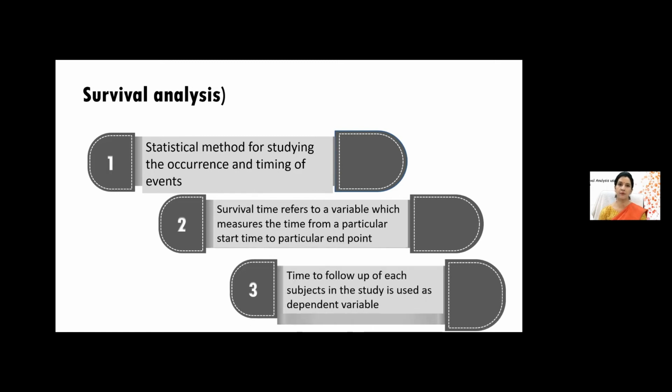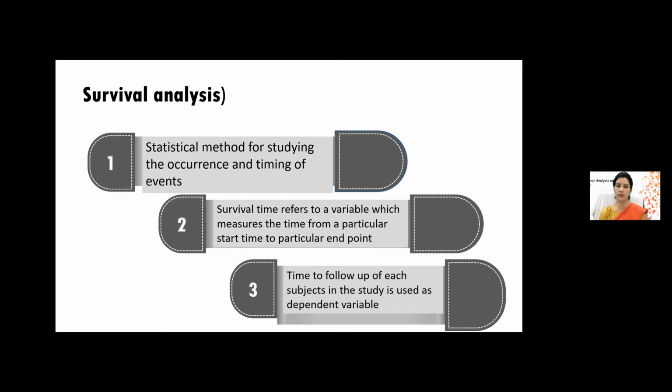And the time to follow up for each subject is a unique variable, and this is the dependent variable in this case. So in SPSS, we will see that this time to follow up, this time to event data, is a scale variable. If you can recall your sessions on types of variables, you know that there is a continuous variable and there is a categorical variable. A continuous variable is also known as a scale variable in SPSS. So this time to event is a scale variable which we measure, and that is the dependent variable in this case.